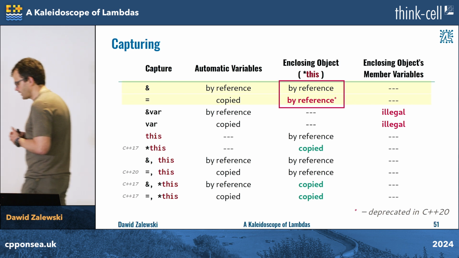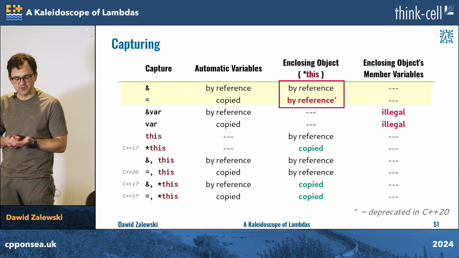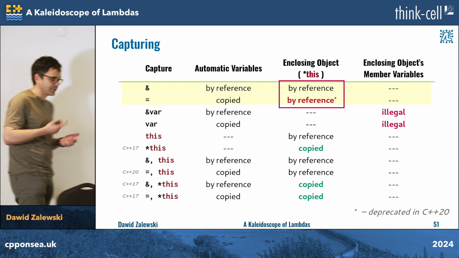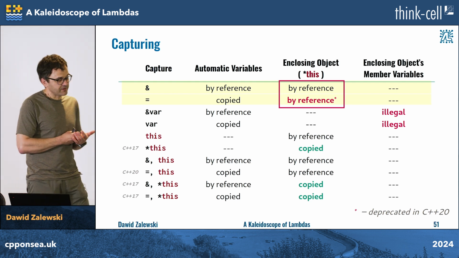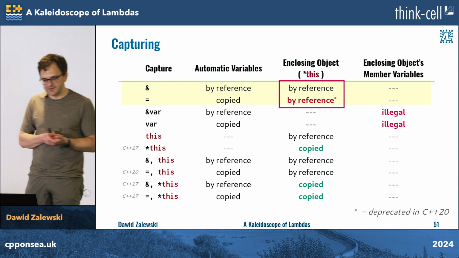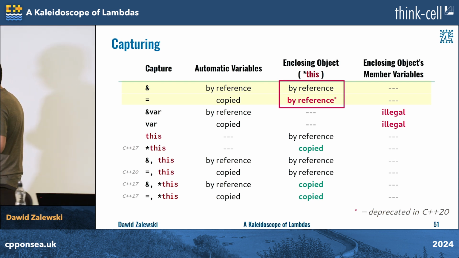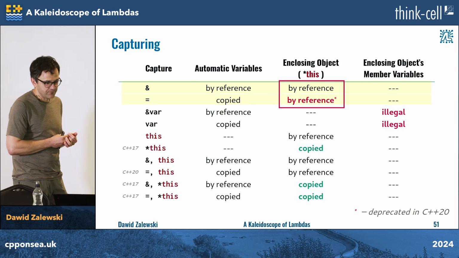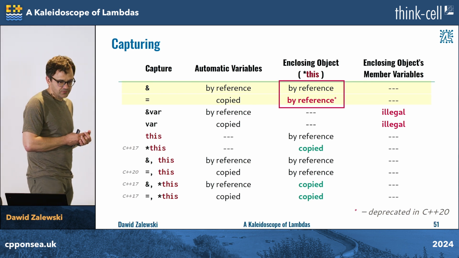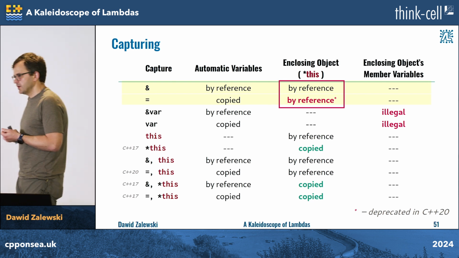When you use capture defaults, doesn't matter whether it's by reference or by copy, so whether you request things that you capture to be referred to only or copied into your lambda, the surrounding object, if you are in a class, always gets captured by reference. So you never ever get a full copy of it. This was fixed by removing it. So the second capture default, by reference, was deprecated.